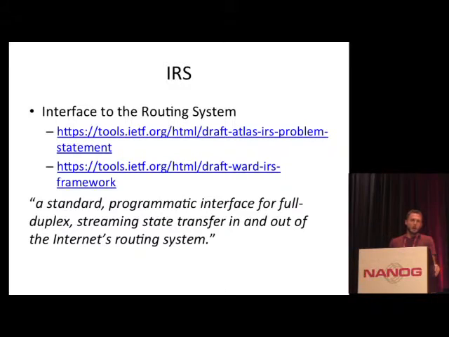A newer idea besides OpenFlow is IRS, the Interface to the Routing System. The problem statement was just written right at the end of July, so this is fairly fresh, and then there's a framework as well. You can think of the first step as OpenFlow but with routers instead of switches. It's more different than that. Instead of removing the control plane, you're just interfacing with the control plane.